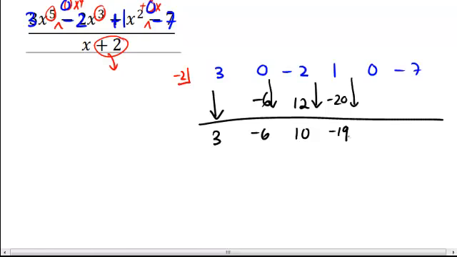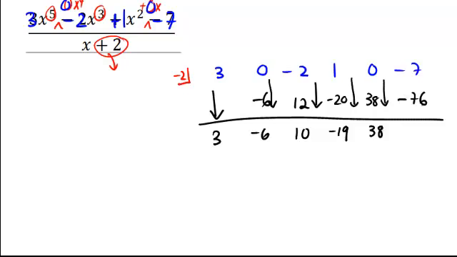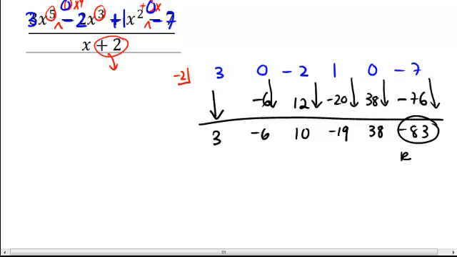Negative 19 times negative 2 is 38. 0 plus 38 is 38. 38 times negative 2 is negative 76. So if you add negative 76 and negative 7, you get negative 83. And of course, the last term is always your remainder. And these, of course, are the coefficients of the quotient.